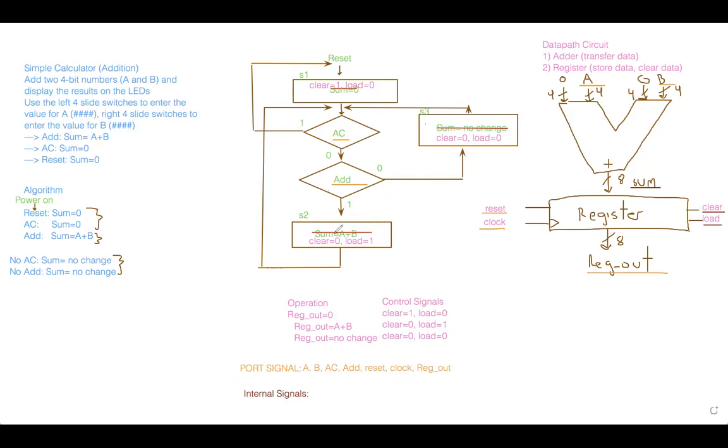Within these state diagrams, it assigns those values based on what the user inputted for the AC and the add. So it's just going to assign these. Those are internally clear and load. It does the summation, clear and load, A 8-bit and B 8-bit. It makes an 8-bit number for A and an 8-bit number for B because it combines the two with each other.